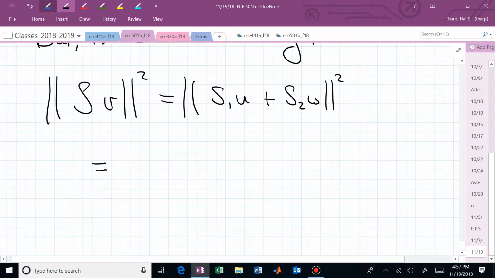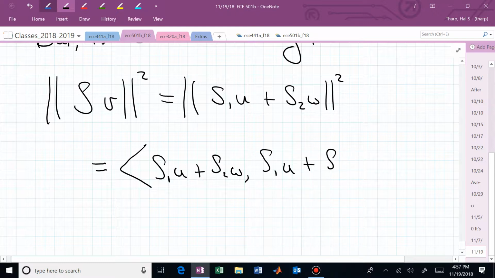But why are we working with squares of norms? So we can apply inner products, right? So now, can you write that equation in the form of an inner product? Yes. That's the inner product of S1U plus S2W with itself. So this is S1U plus S2W.